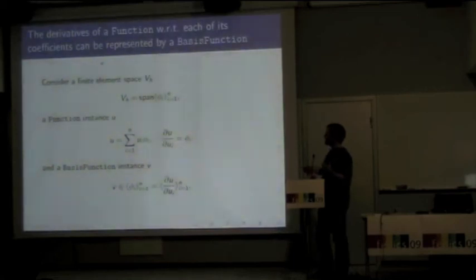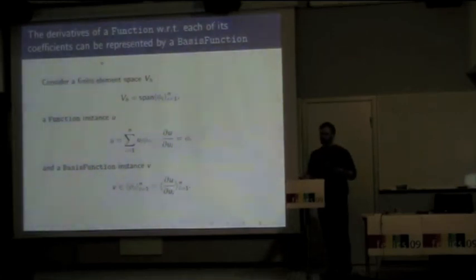So when you define a form that depends on a basis function, the form will be evaluated by the form compilers for each and every basis function in this basis. So we can do differentiation of a form that depends on a function once and replace the function with a basis function, and this will represent the derivative with respect to all coefficients.